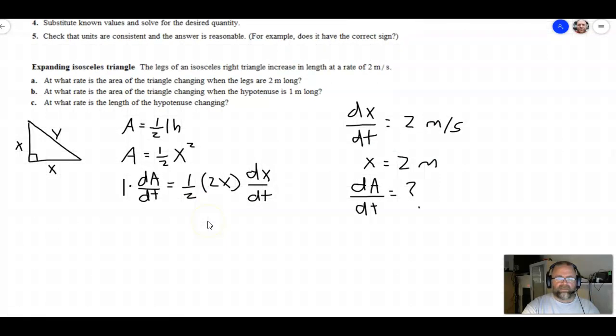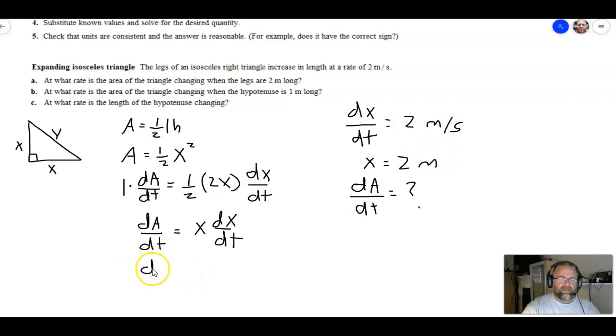All right, so this is great because now we can clean this up a little bit, and we can say that dA over dt is equal to 1/2 times 2, which is just 1. So that's just going to be x times dx over dt. And look, here's the variable that we want, and here are the knowns that we have.